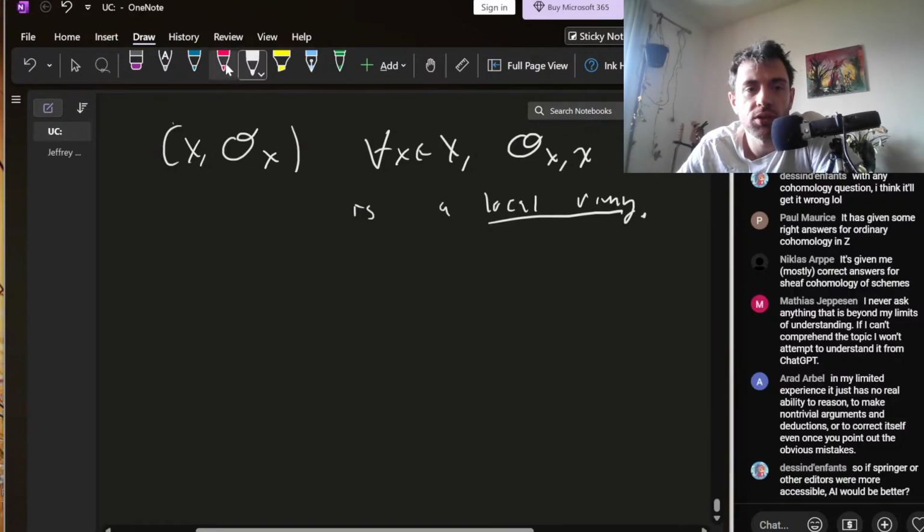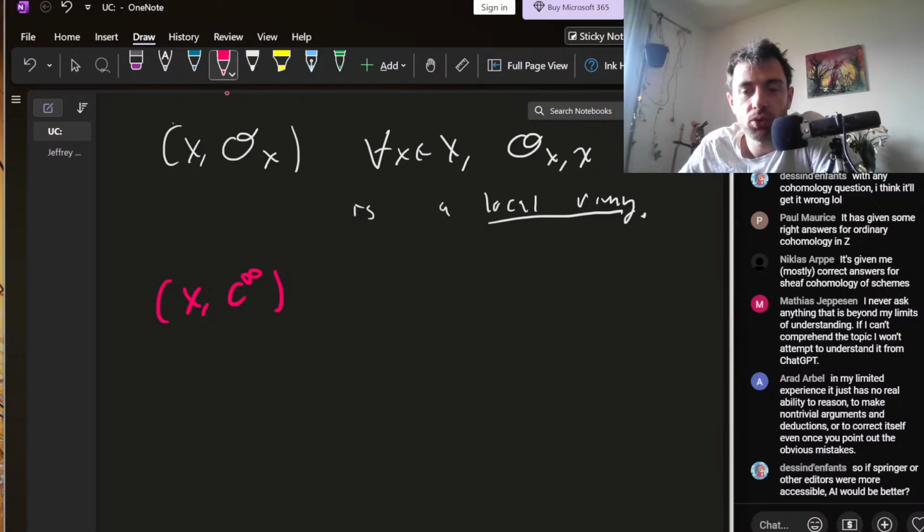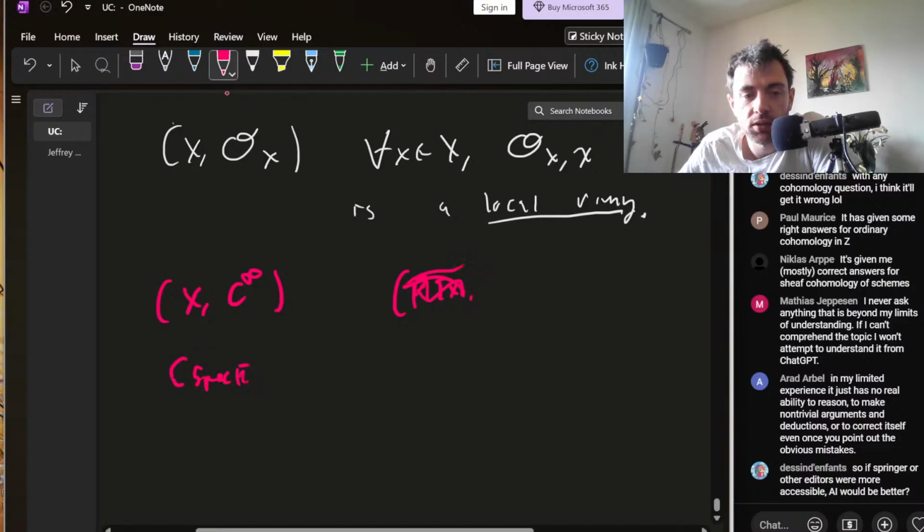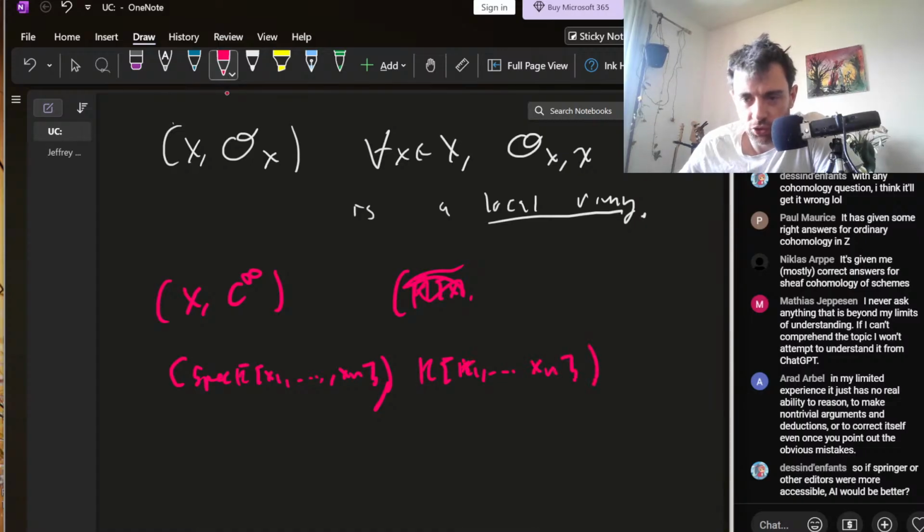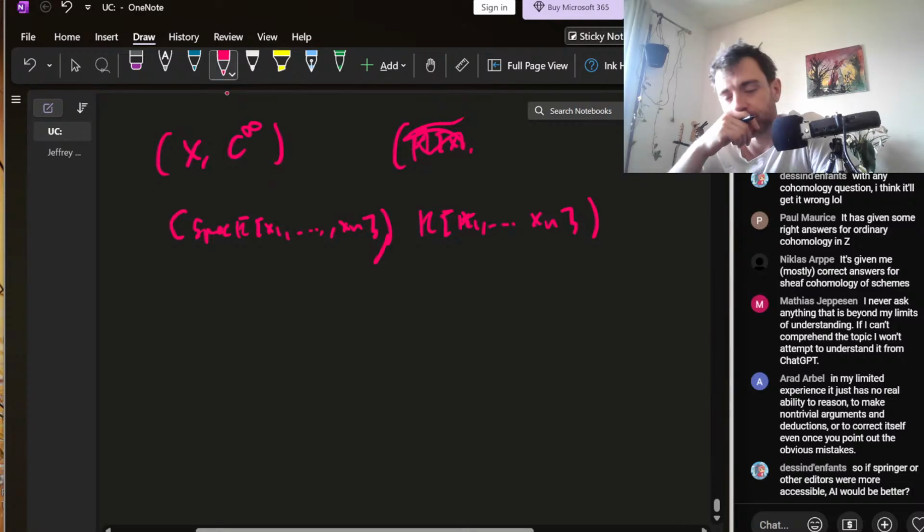But I think the intuition of why this should be the case, I would look at manifolds and the sheaf of smooth functions, or even just think about the classical case, say affine space. I guess we could call it Spec if we wanted, over an algebraically closed field, with our ring of functions, or sheaf, if you will.